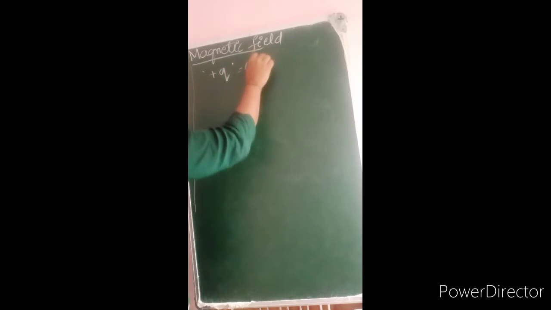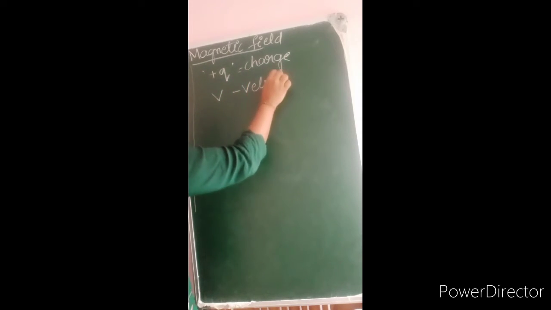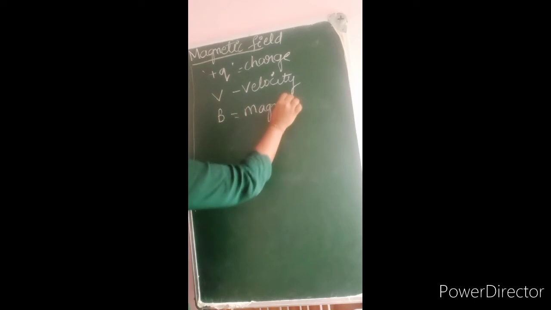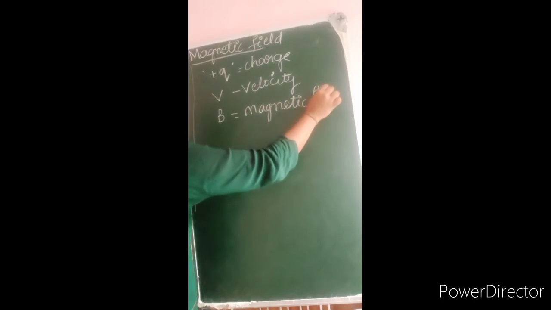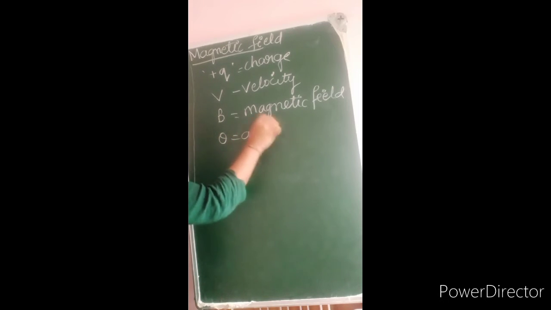Let us consider a charge plus q, moving with the velocity v, in the magnetic field B. B is the magnetic field in which the charge q is moving with the velocity v. It is making an angle theta with respect to the magnetic field B.